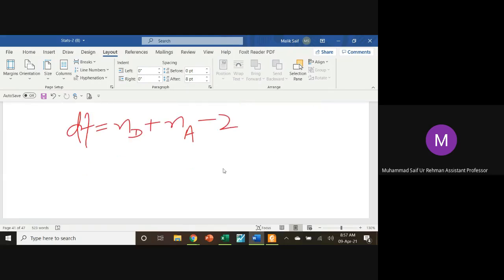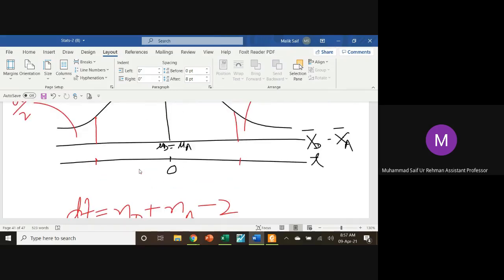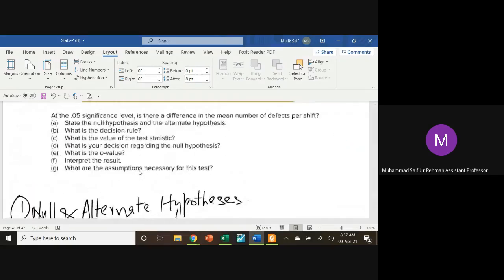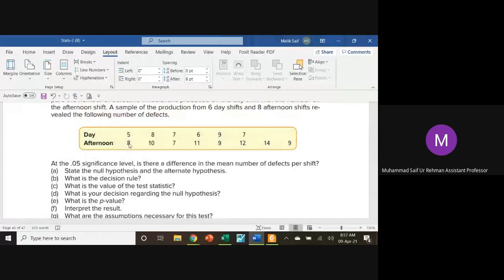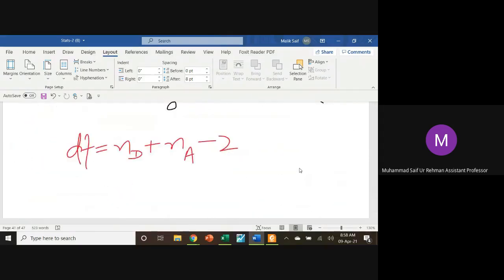In this particular case, you have to see what is nd and what is na, the sample size for the first sample and for the second sample. So 1, 2, 3, 4, 5, 6: 6 values are these, and 8 afternoon shifts, so 1, 2, 3, 4, 5, 6, 7, 8: 8 values are these and 6 these. So 6 plus 8 minus 2. 6 plus 8 is 14, minus 2.